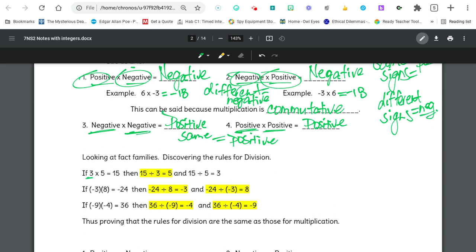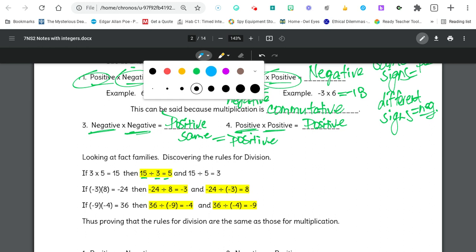So let's look. If 3 times 5 is 15, then 15 divided by 3 is 5, because if you take 15 and divide it by 3, it's going to give you this other number, which is 5. Or your numbers will stay in the family, guys. It's not like if 3 times 5 is 15 and then you start dividing with those same numbers, you're going to get a different number besides what's already in the problem.